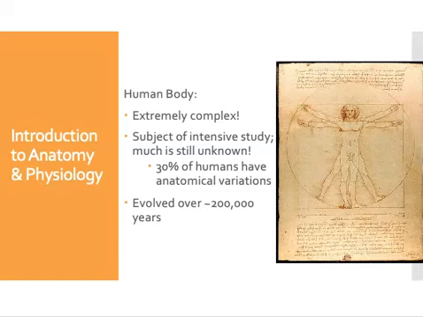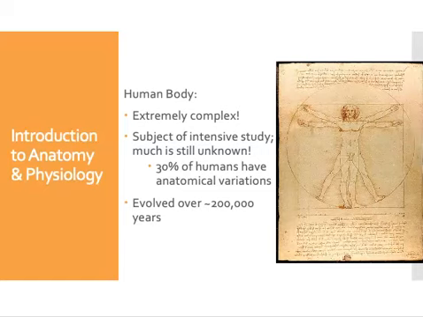One of the most interesting features of the human body is how much normal variation there is within it. In fact, about 30% of people have some kind of variation in what we would consider normal anatomy. These are not diseased body parts.